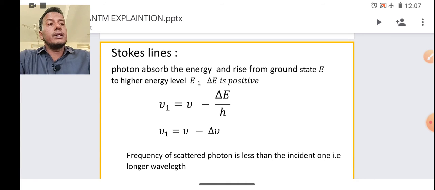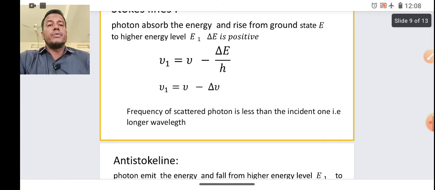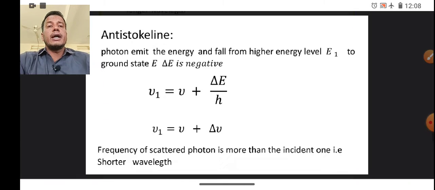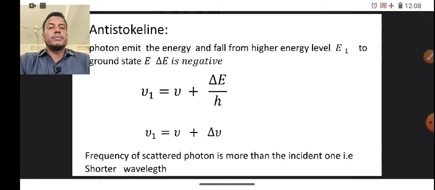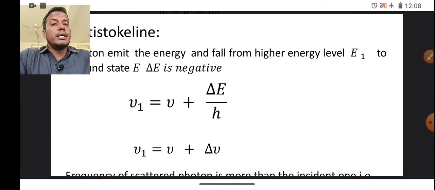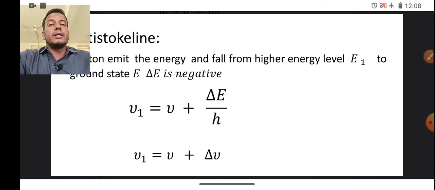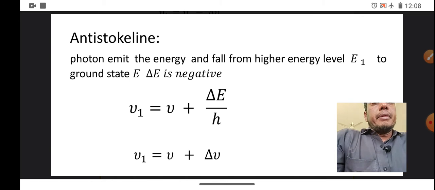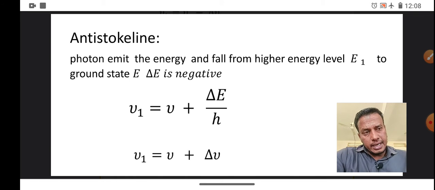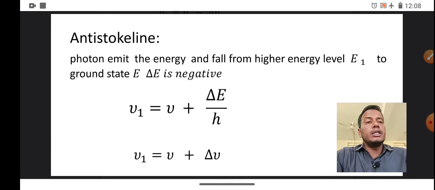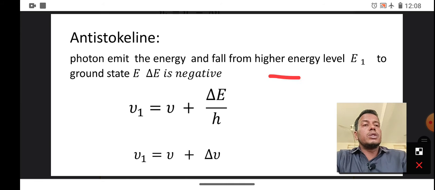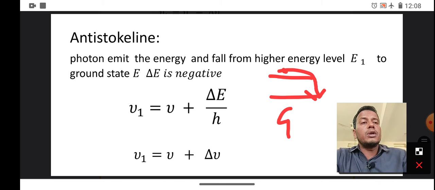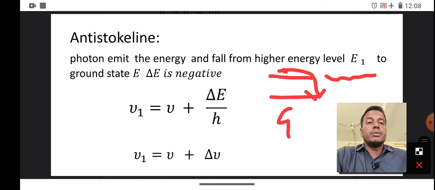That is how the Stokes line is proved here. So, what about the anti-Stokes line? When a photon is already in an excited level, it may fall by the emission of radiation, from E 1 to the ground level, and it loses its energy.